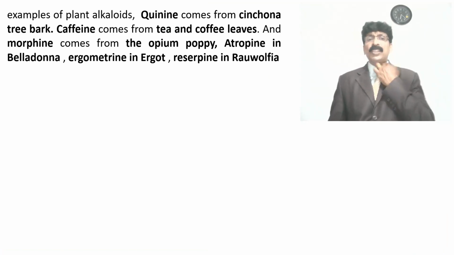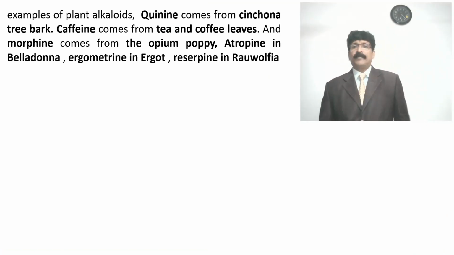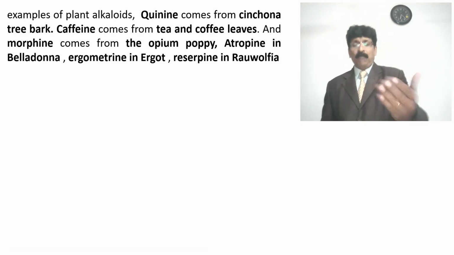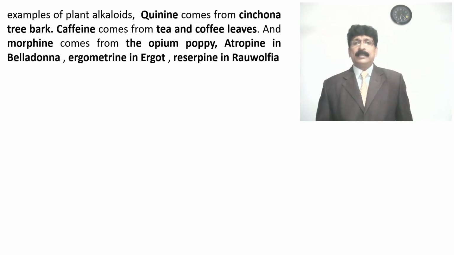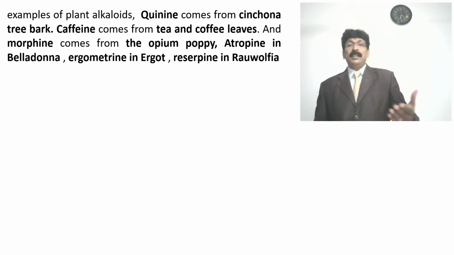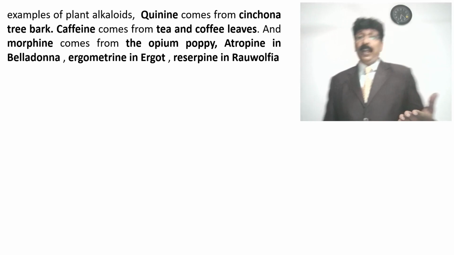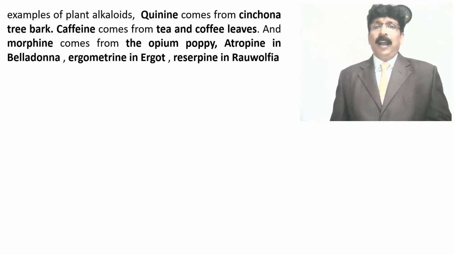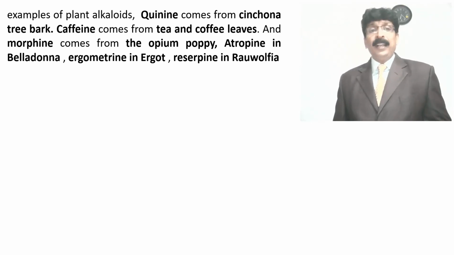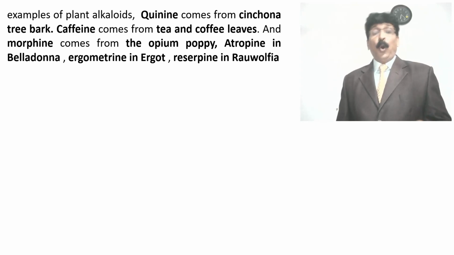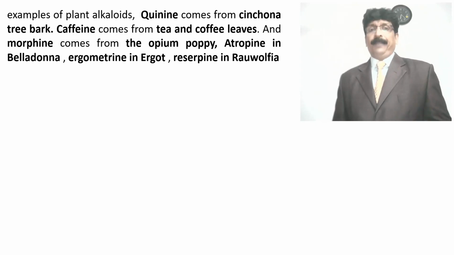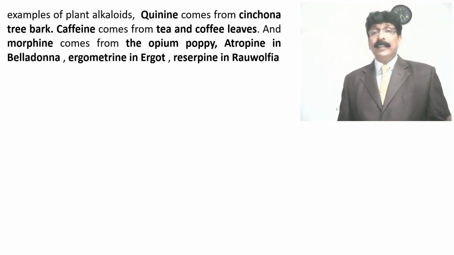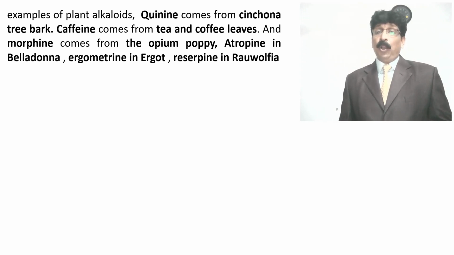Examples of plant alkaloids: quinine comes from cinchona tree bark. Caffeine comes from tea and coffee leaves. Morphine comes from opium poppy. Atropine in belladonna leaves.